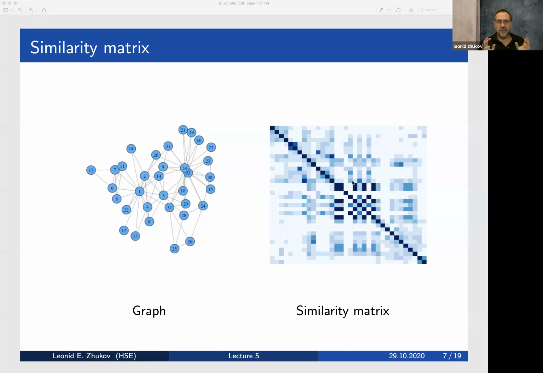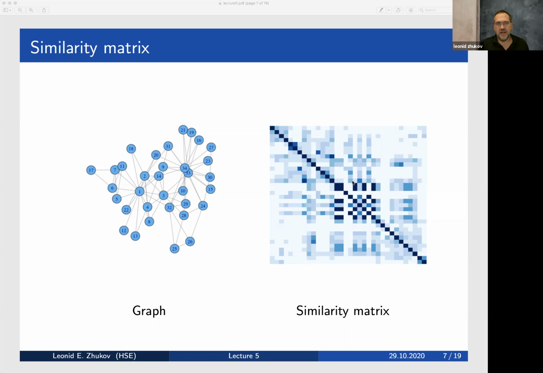When you look at the graph, this is again the karate club network. We always looked at the adjacency matrix, where the non-zero elements mean there is a connection from one node to another.